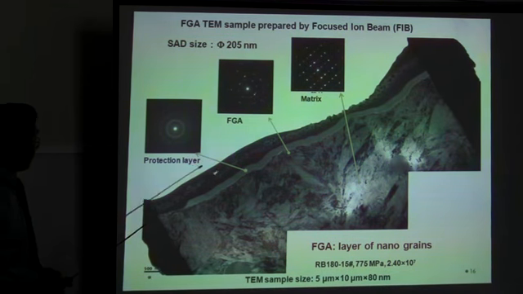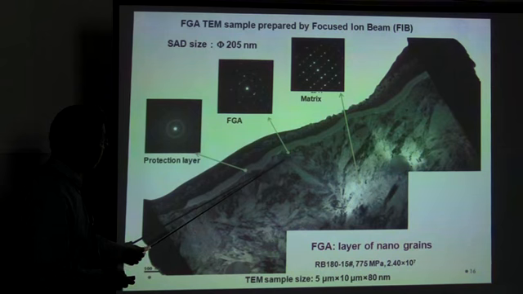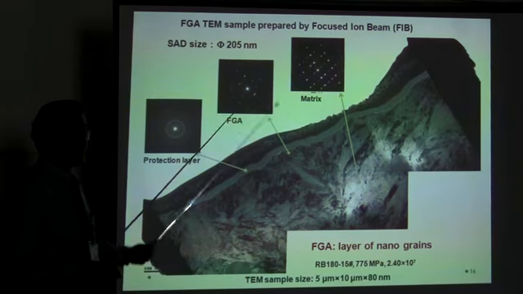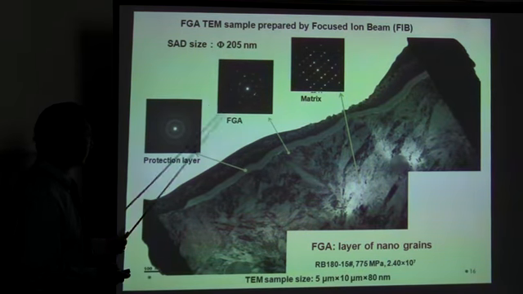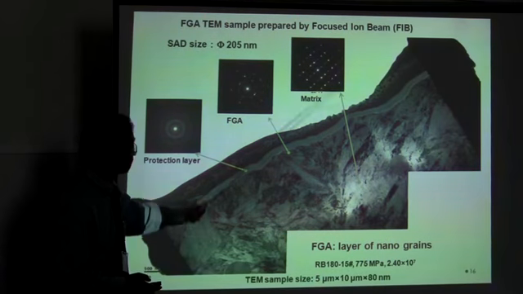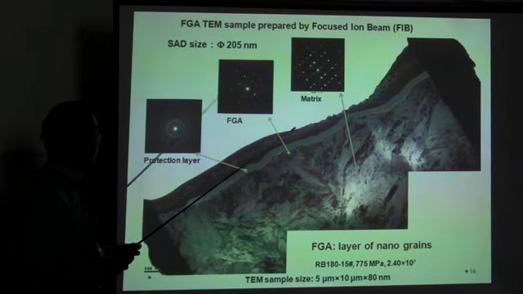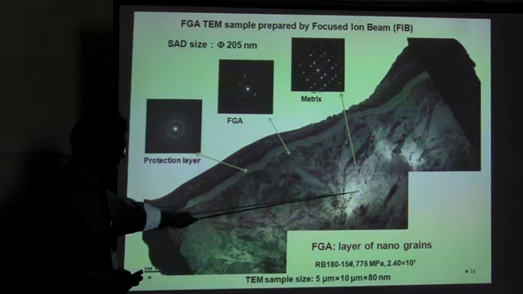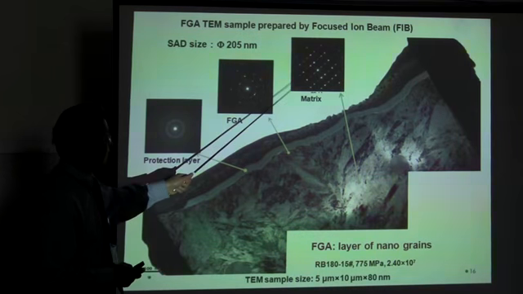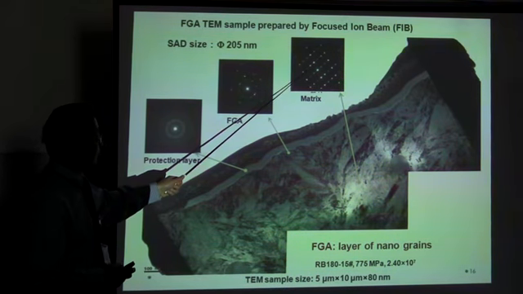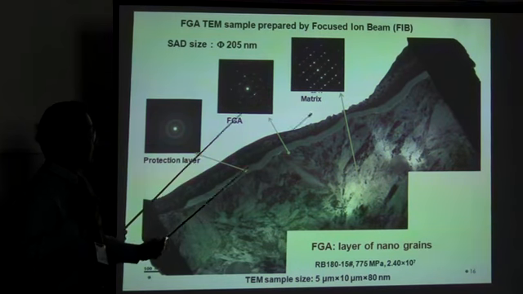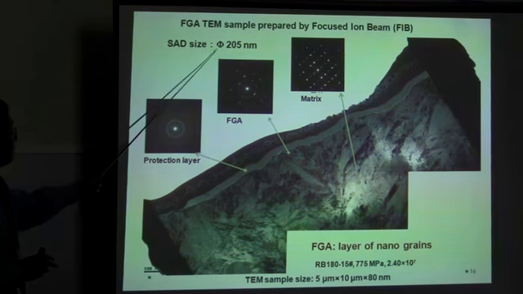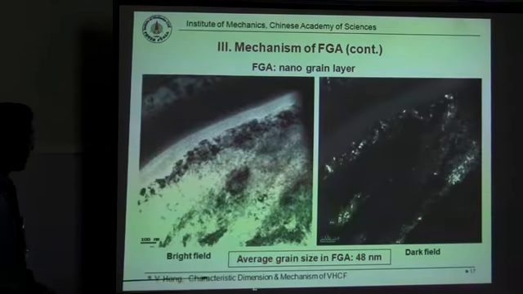And the results show that just underneath the FGA region is something like this continuous circle, and away from the surface is a kind of isolated spots, showing that there are fine grains here, and coarse grains there, meaning that this diffraction pattern has only a single grain within the diffraction area of about 200 nanometers.